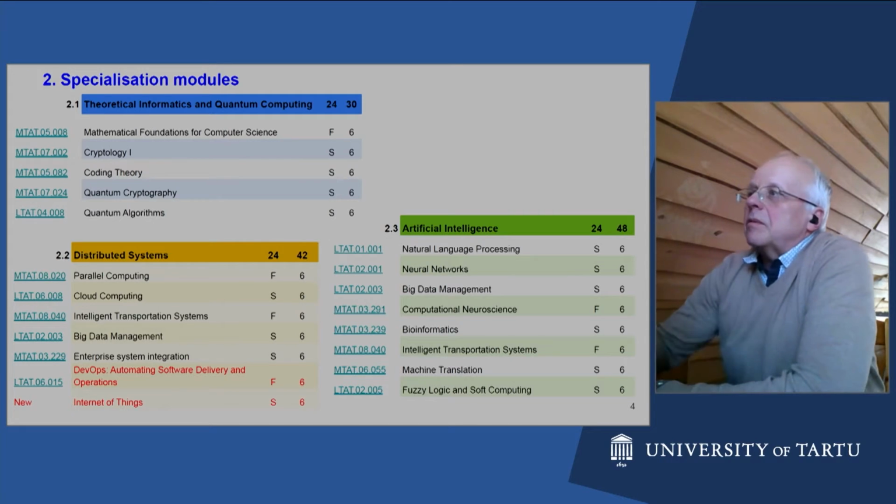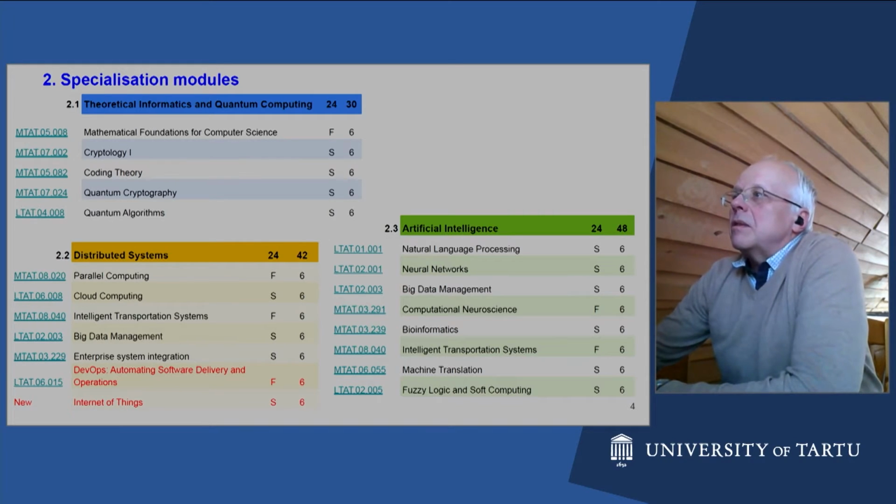And there are a lot of different courses in theoretical computer science and quantum computing. For distributed systems, parallel computing is one of the essential ones, and there you can learn about cloud computing, intelligent transportation systems, and big data management.